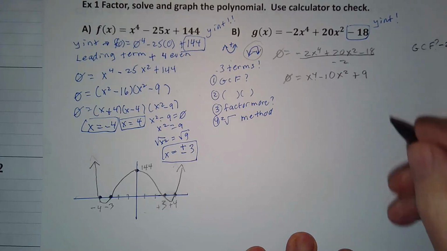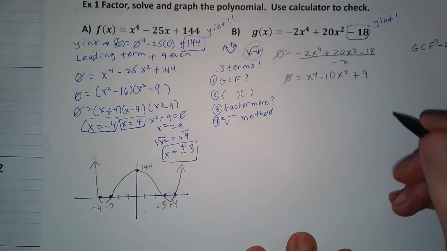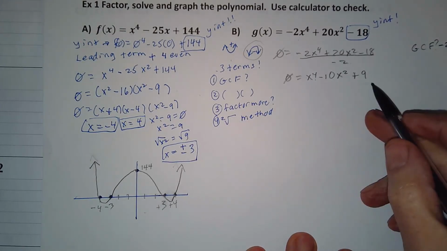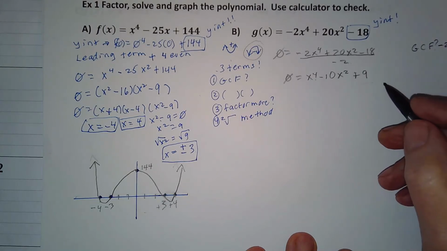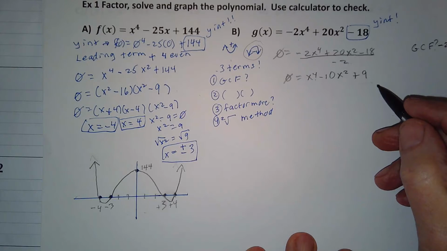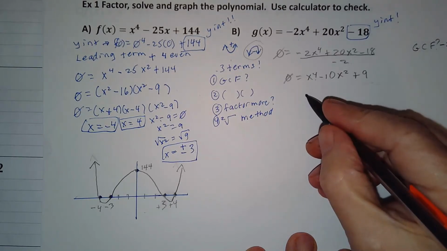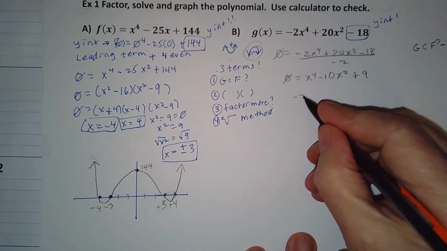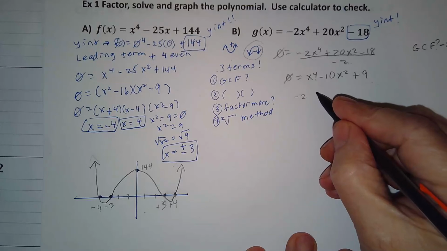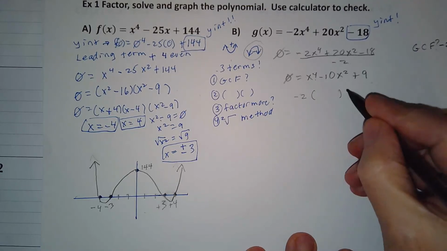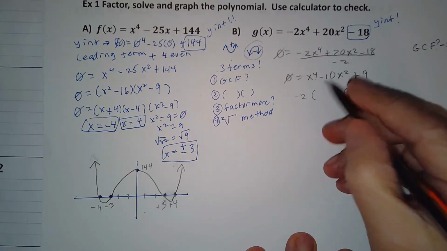All right. So now it looks like we have a double bubble situation. So we're going to go ahead and do the double bubble. And so let's put our negative 2 out here. And then we have x to the 4 and x to the 4.